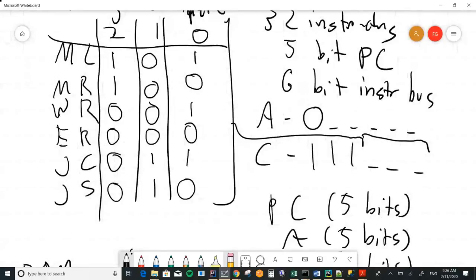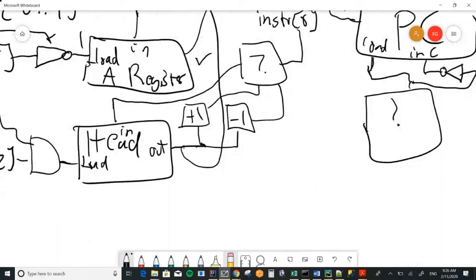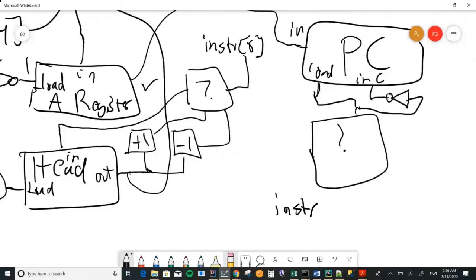looking at the instructions, was there a magic bit telling us that an instruction was a jump instruction? What bit was that? Yeah, it was bit 1 right here. So we know that instruction 1 plays a role.